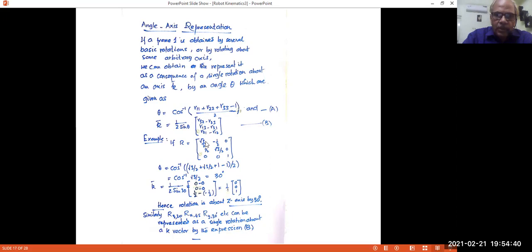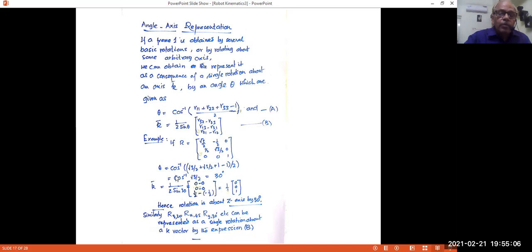Well, for example, suppose somebody told you, I got a rotation matrix like this. Tell me about what vector I should have rotated by what angle to obtain this from the unit matrix of frame 0. Well, you apply these two equations. Theta will be cos inverse of the diagonal elements minus 1 by 2, which will be 30 degrees.